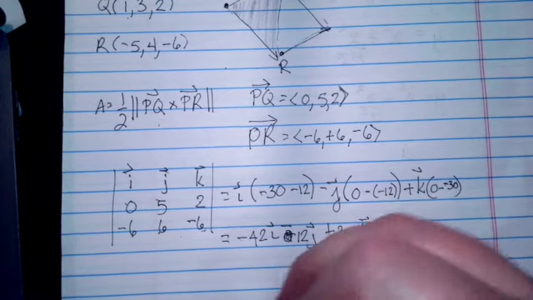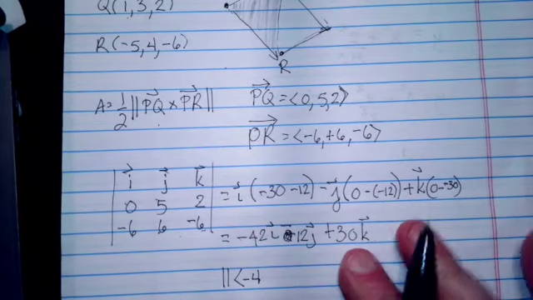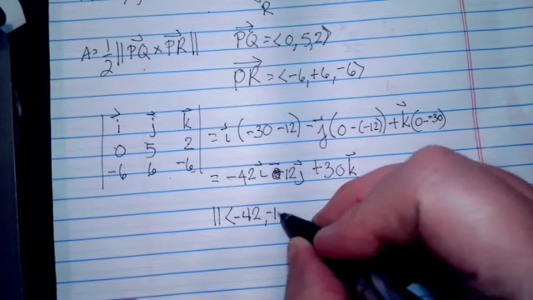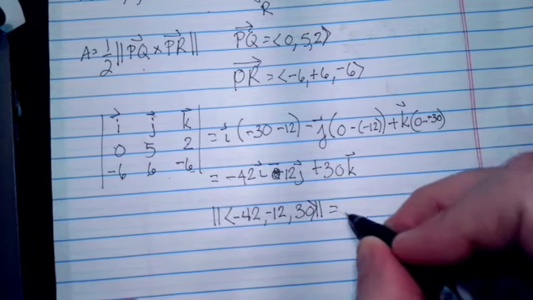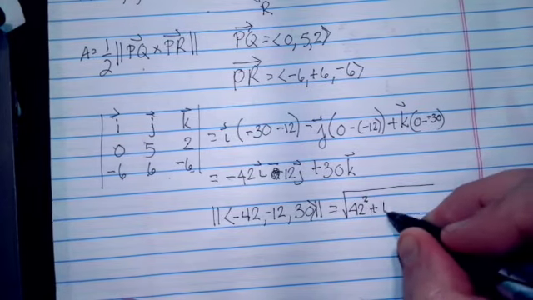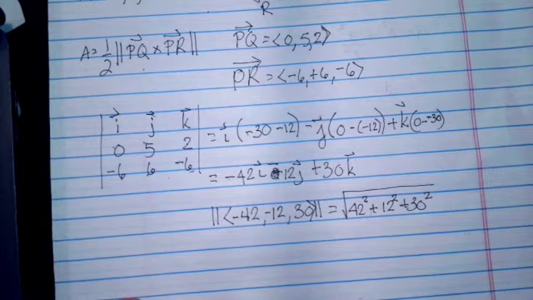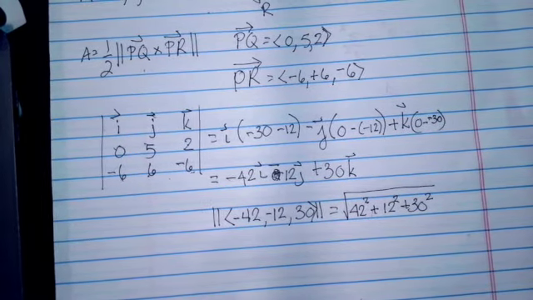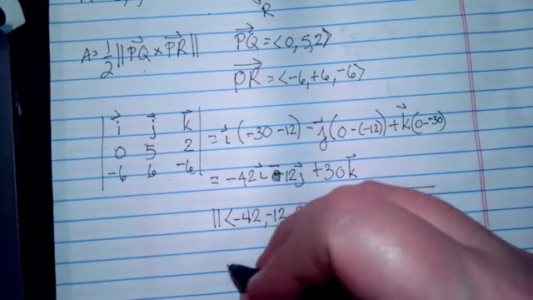Alright, so what we need to do then is find the magnitude of the vector. And I'm going to switch over to the other notation. So that would be the square root of 42 squared. The signs don't really matter since we are squaring. Now those are awfully big numbers for me to try to handle in my head because I'm not using a calculator. So I'm going to use this trick instead. I'm going to factor out a common factor of 6.